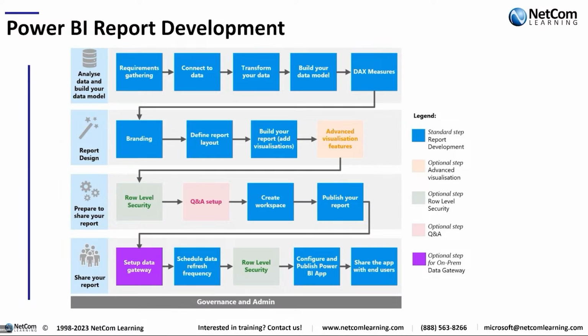We need to understand the data that we're reporting with. Next, we need to connect to the data wherever it lives, whether it's on-premise data, something in the cloud, or something that somebody else has that you've been given access to. Then we're going to connect to that data and be able to transform it. Then we're going to build the data model.